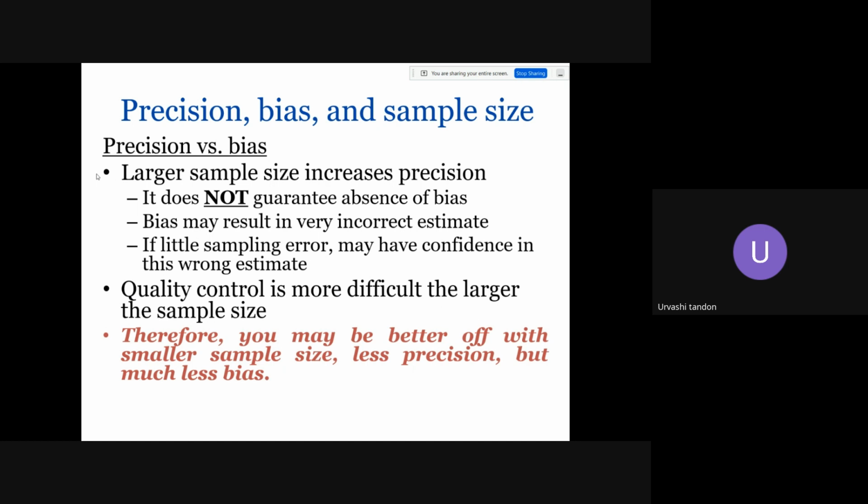Once again, larger sample size increases the precision. That means it increases the reliability, but it does not guarantee the absence of bias. At times, there is non-response bias also, which arises as a result of your data collection. Let's say I told you to collect a sample of 500. You send your questionnaire, you make revisits, and 350 people responded immediately.